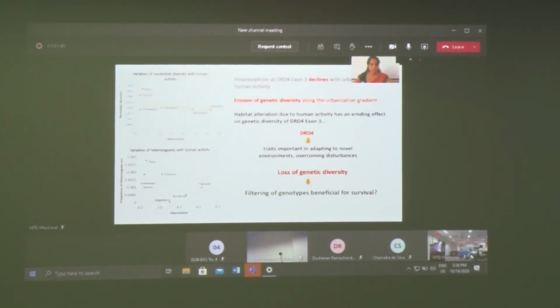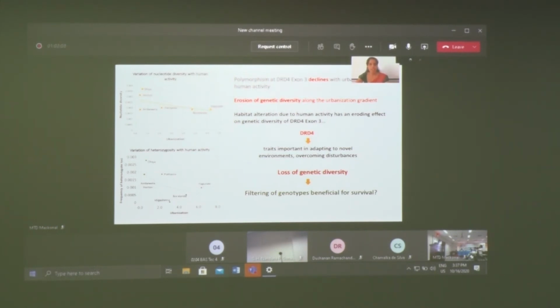According to my results, humans had an eroding effect on the genetic diversity of DRD4 exon 3. The graph shows a clear decline of both heterozygosity and nucleotide diversity when moving from less urbanized to highly urbanized areas.